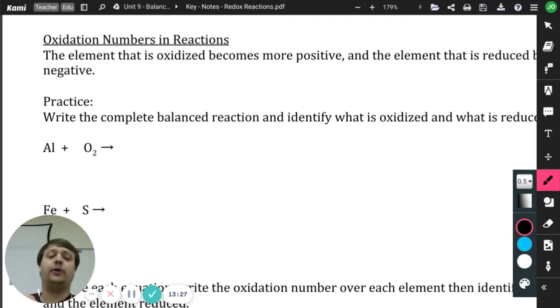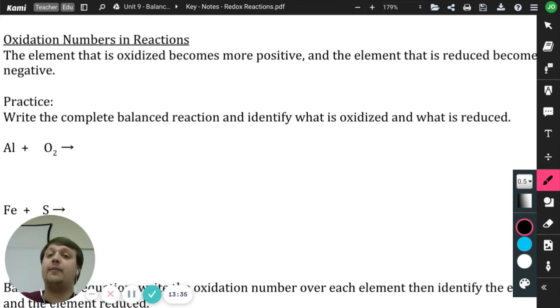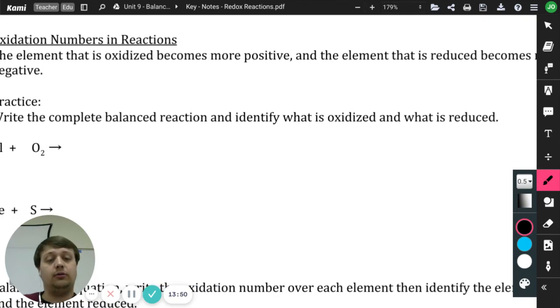Essentially, I'm looking at an element and trying to decide throughout the reaction, did it become more positive or did it become more negative? If it became more positive, then it lost electrons, which means it is oxidation. If it became more negative, then it gained electrons, so it was reduced.